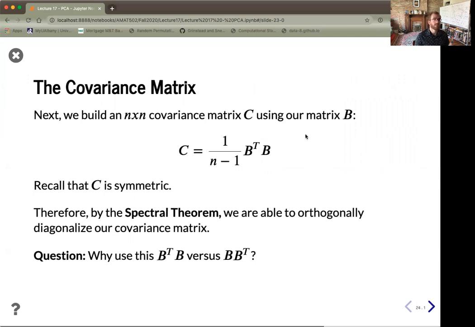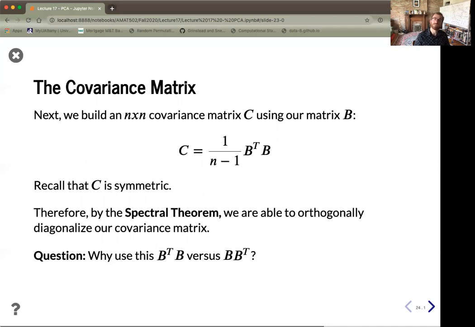And so we're now going to look at B transpose times B. B transpose is the transpose of B, our mean centered data, multiplied on the left. Now, of course, we know that this matrix is symmetric. Take a moment to convince yourself that it has to be symmetric.